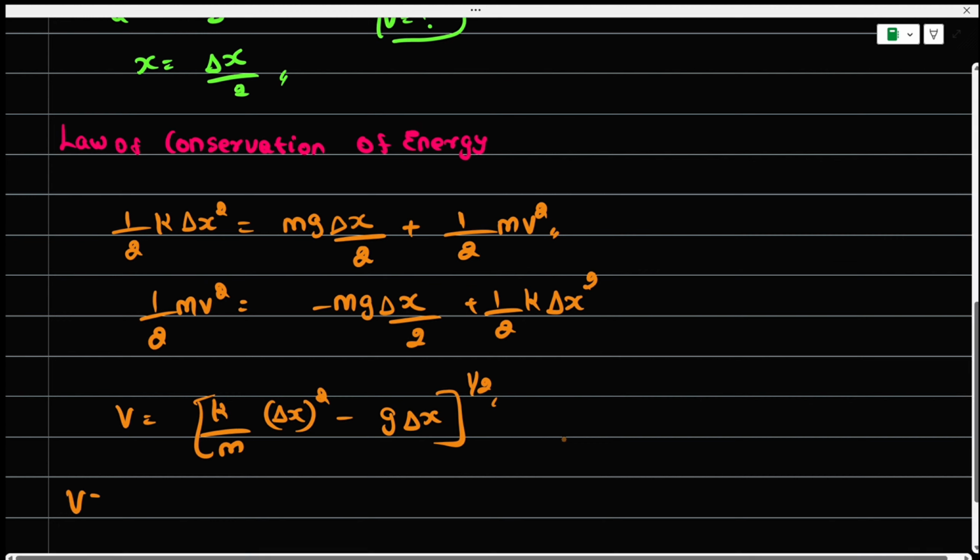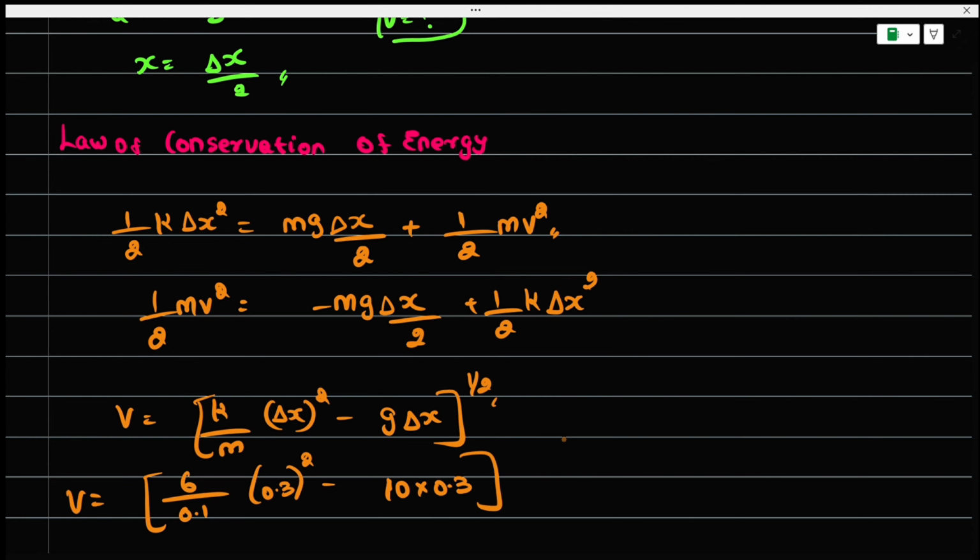Now v is equal to, let's substitute 6 divided by mass, which is given as 0.1, delta x is 0.3, the whole square, minus 10 into 0.3, whole to the power 1 by 2. As such, you plug it in the calculator, you will be getting 1.55 meter per second. So we have got v as 1.55 meter per second.